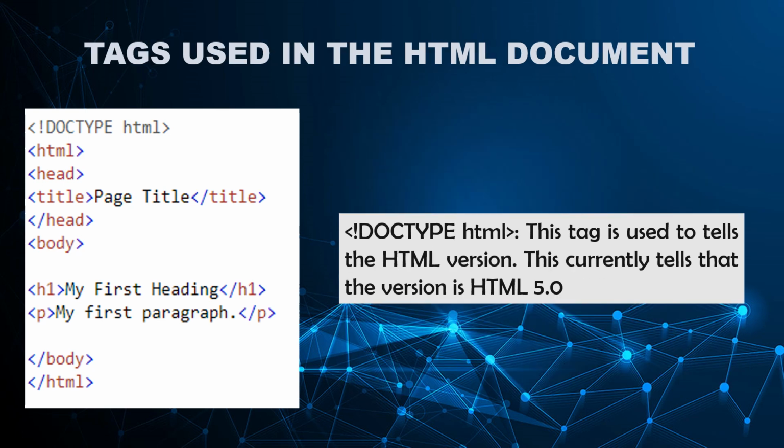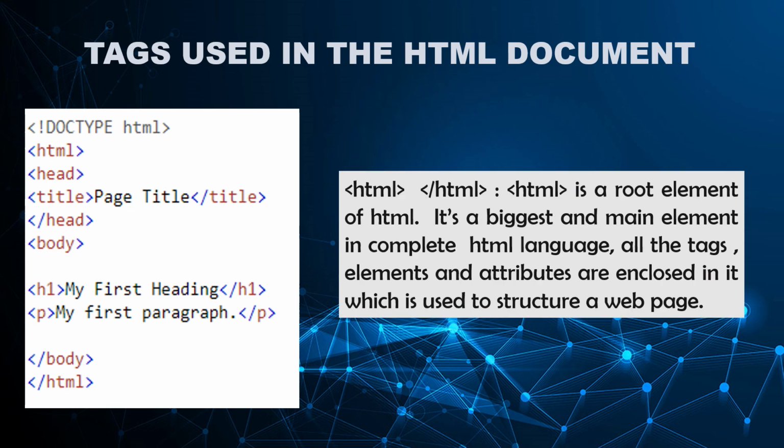Now, let us discuss in detail about each tag that is used in the structure of an HTML document. The first tag, that is the doctype HTML, it always starts with an exclamation mark. This tag is used to tell the HTML version. This currently tells that the version is HTML 5.0. The next tag is the HTML tag. The HTML tag is a root element of HTML.